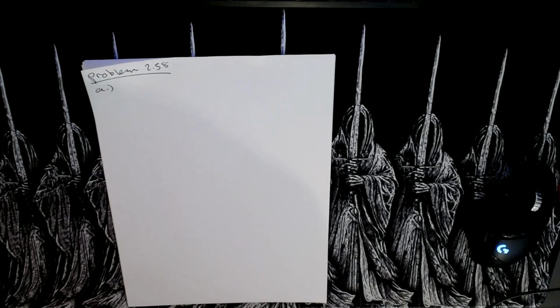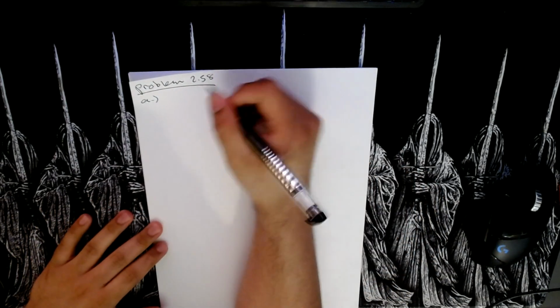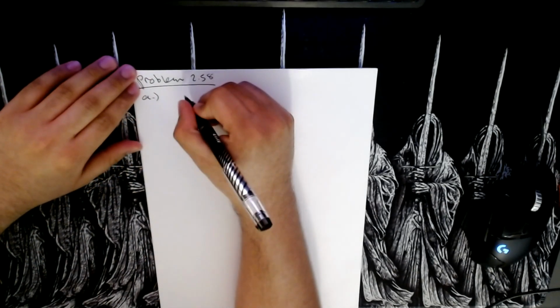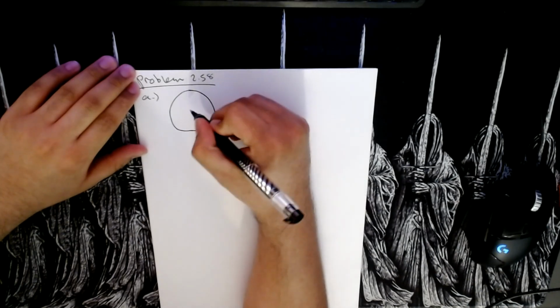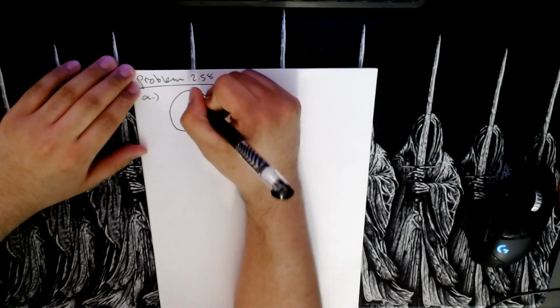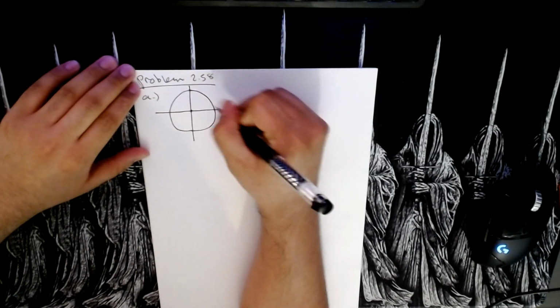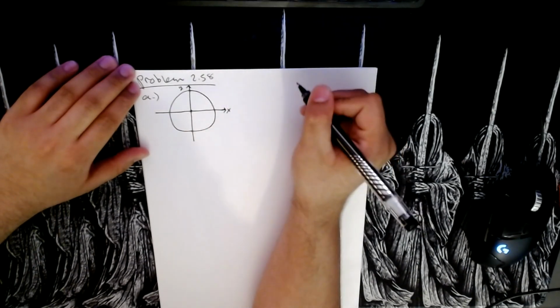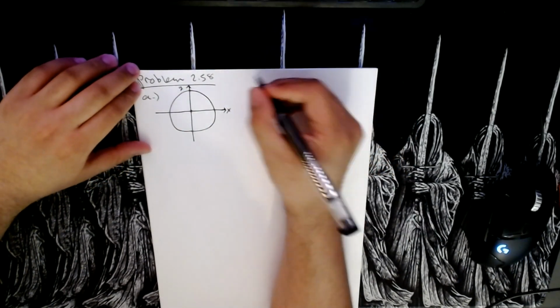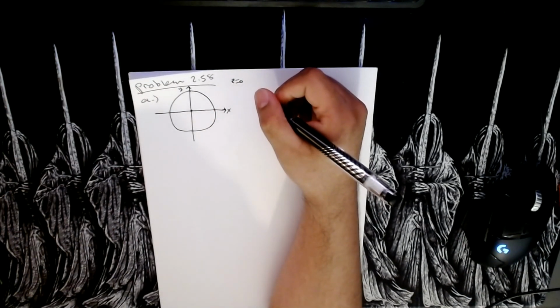Where are they? Alright, so to start with this problem, let's first draw our circle. In the center, let's draw our coordinate system. The coordinate system is going to be an XY plane, where z is equal to 0.